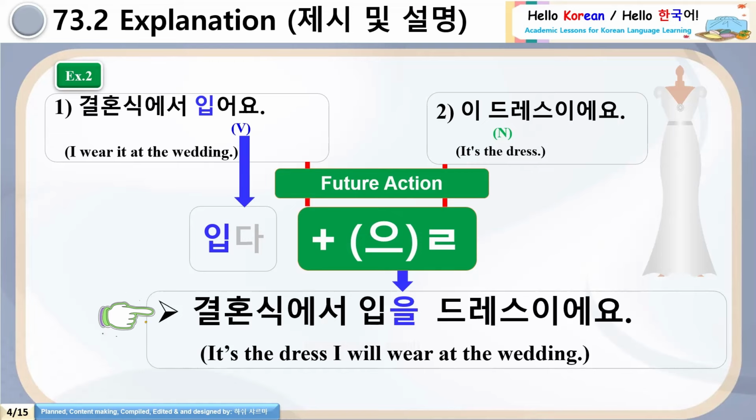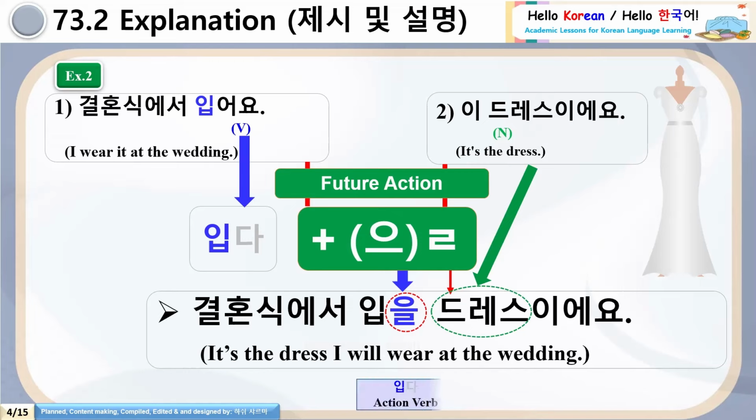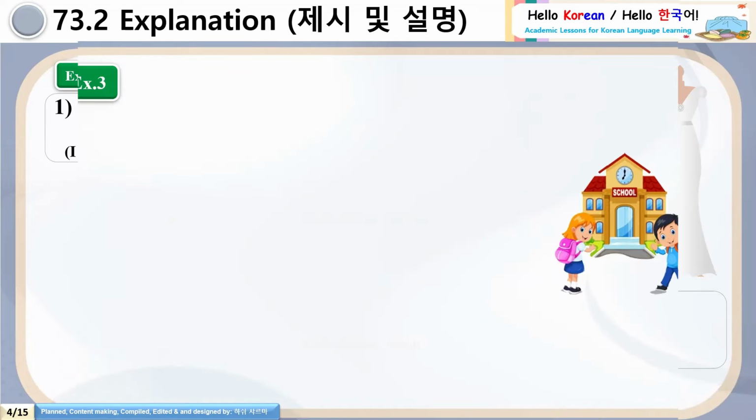Can you find out where this grammar is in this sentence? Yes, here it is, with the ipta action verb, and it is followed by a noun. Clear? See the sentence structure: action verb, without any space -ul, one space, then there must be a noun.